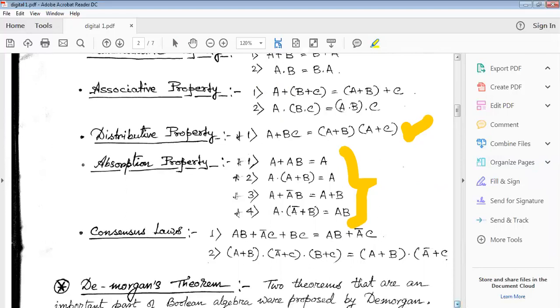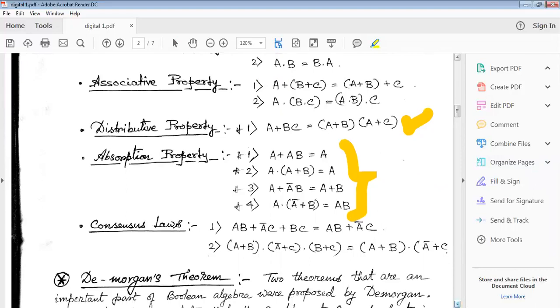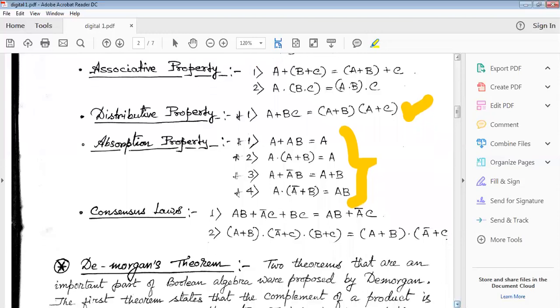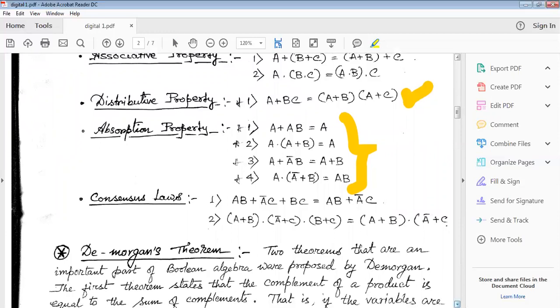And finally, consensus laws. AB plus A bar C plus BC equals AB plus A bar C. The BC part will be rejected. The same thing is done in the next part, that is A plus B dot A bar plus C dot B plus C. That B plus C part will be neglected.